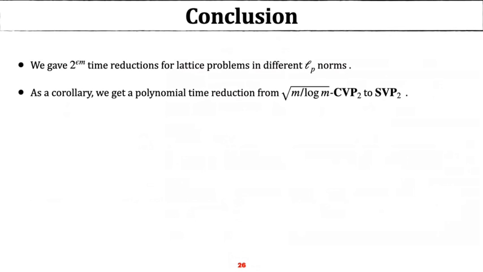The importance of this result comes from a scenario that before this work, we used to think that there are few LP norms for which the lattice problems are hard, and there are few LP norms for which these problems are way easier.